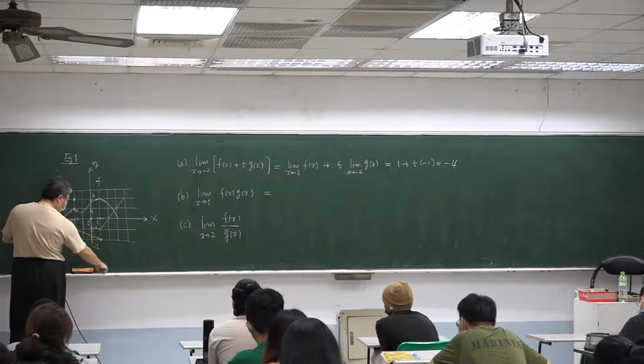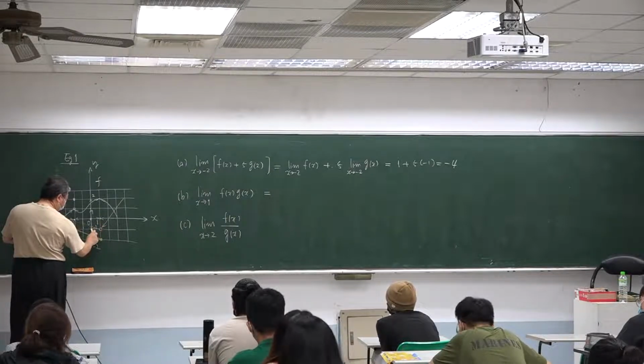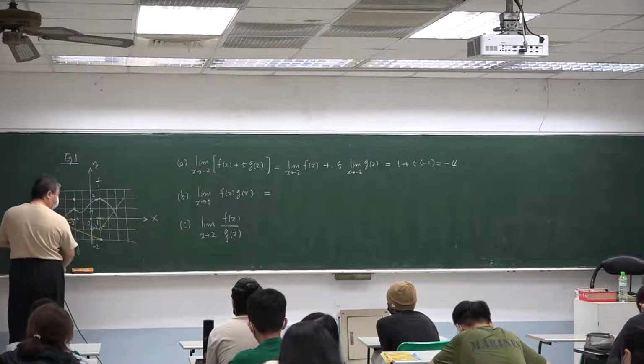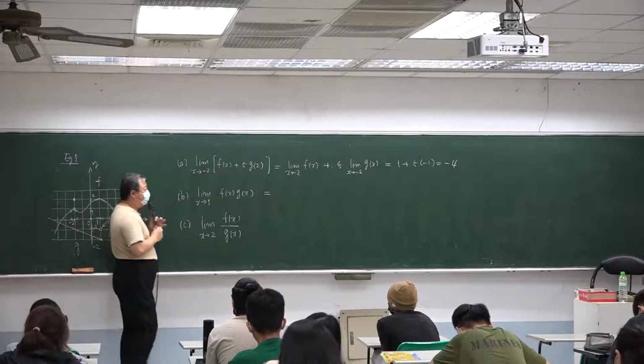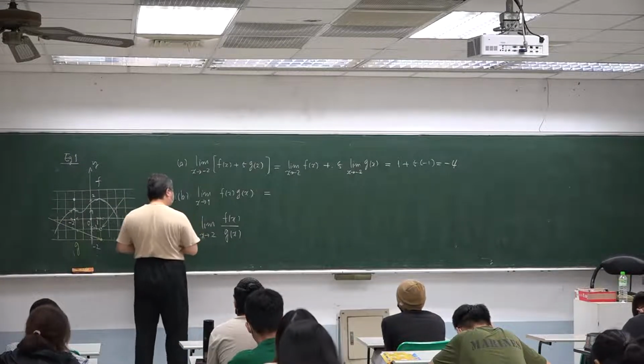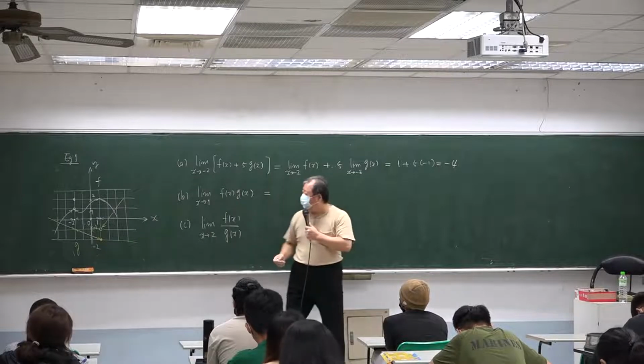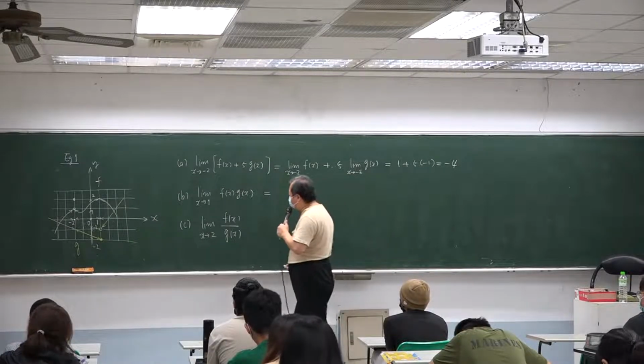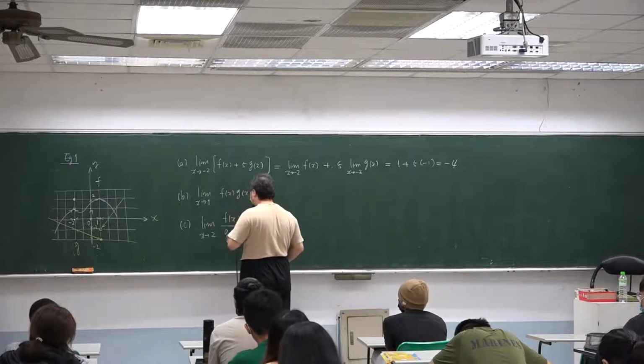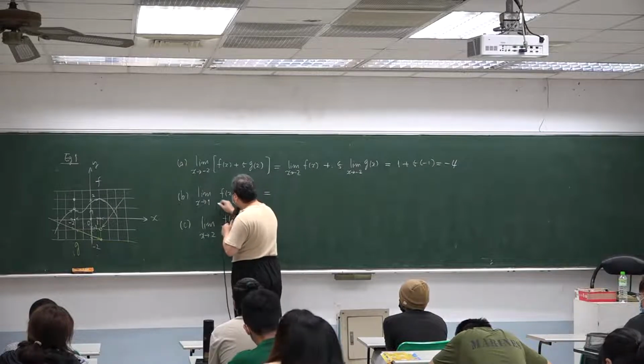The right hand side approaches minus 1, does not exist. Therefore, this limit shouldn't exist.